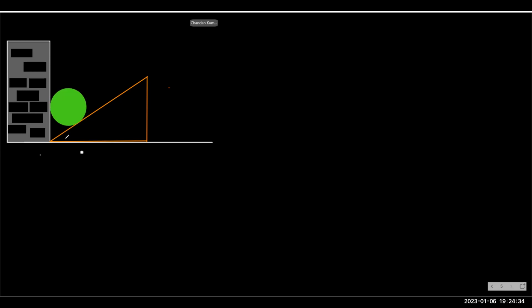This wedge makes angle theta. So you have a cylinder of radius r. That radius doesn't matter.